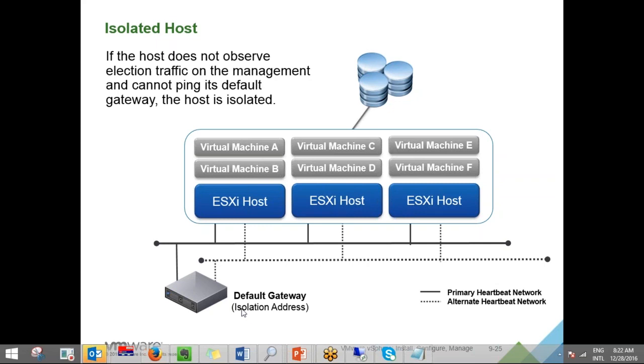Otherwise, it will conflict in your database if you consider each individual host IP, because your heartbeat network will be transferred via your management network. That management network contains your common gateway.